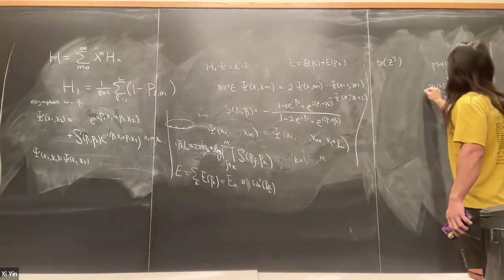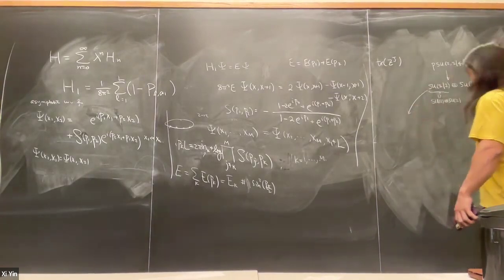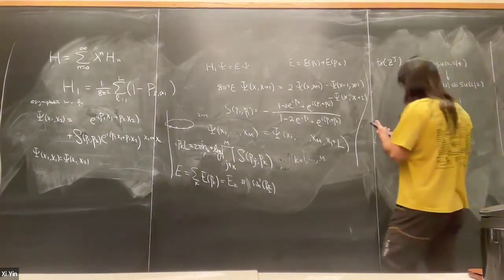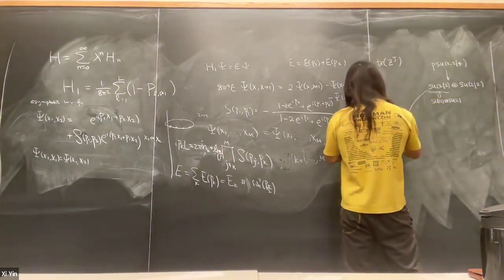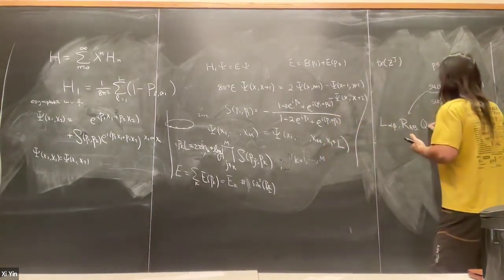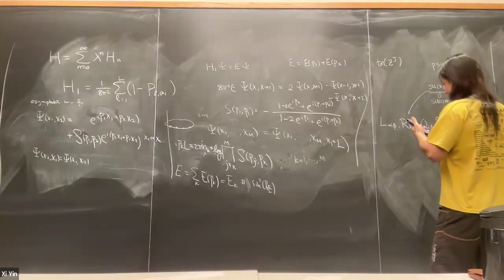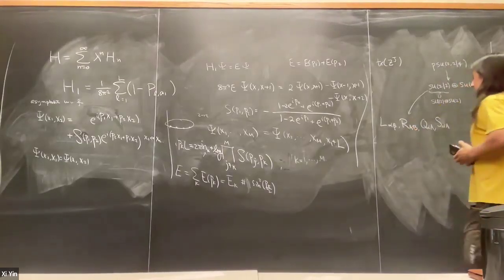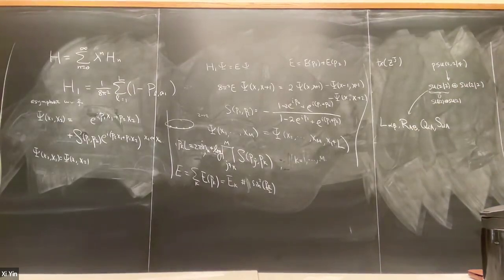So the first SU(2|2), the generators I will denote by L_αβ, R_AB, Q_αA, and S_αA. All the indices will be raised and lowered with epsilon, hence the ε_αβ as usual for SU(2).